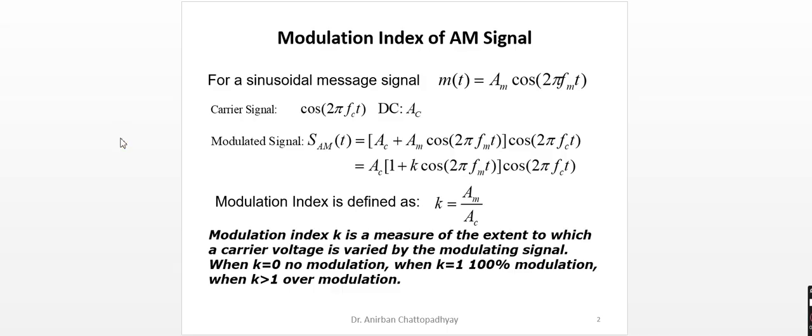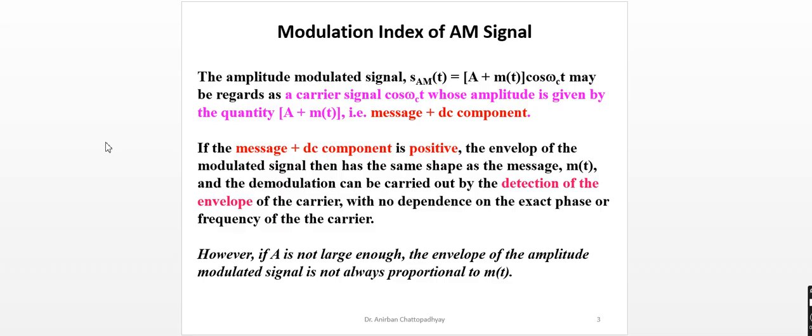So now in this slide we can see what the modulation index is. It is basically the ratio of the maximum amplitude of the message signal or modulating signal divided by the maximum amplitude of the carrier signal. So the modulated signal s_AM(t), as I derived in the previous session, we can write as (A plus m(t)) cos omega c t.